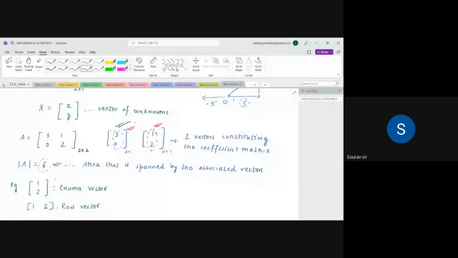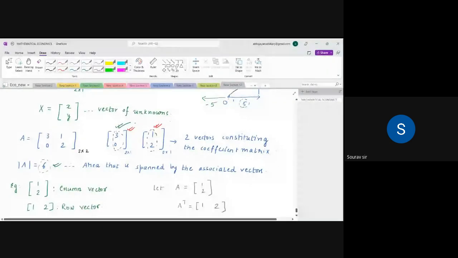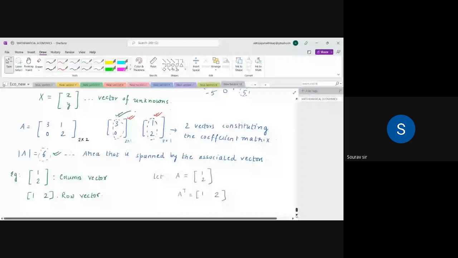The notations and everything remain the same as for matrices, but we are not going to use the i cap, j cap and other notations that you might have seen earlier, because truly speaking, in economics those don't make much sense. We are not bothered too much about direction; it is the idea of why we need vectors at all in economic analysis that matters. So vectors are essentially part of matrices themselves.